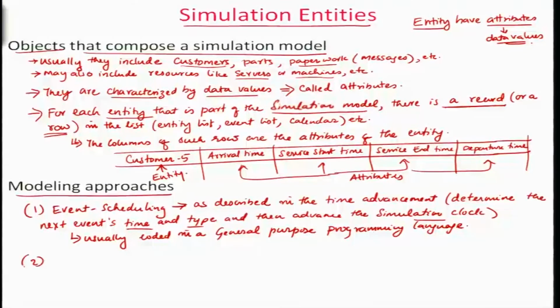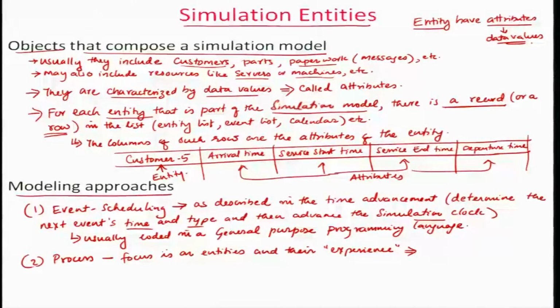The second modeling approach is what we call the process approach, where the focus is on entities and their experience. So, one approach is event scheduling, which is quite popular. The other is the process approach, where you focus on the entities and their experience.